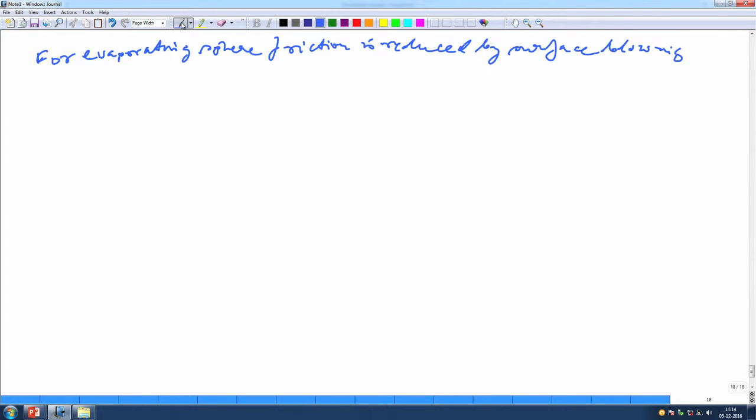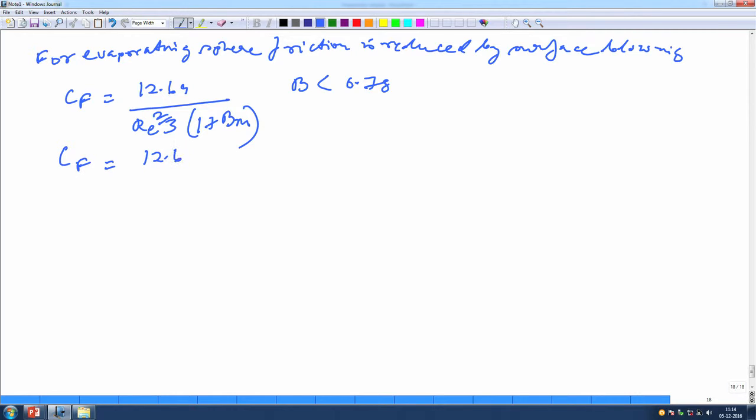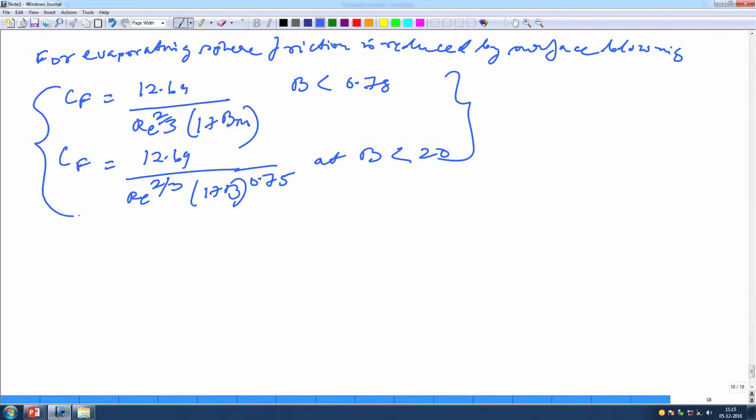So, when you have the Reynolds number, you have the skin friction coefficient, this 12.69 still remains, this Reynolds number to the power of 2/3 also remains, and you have 1 plus Bm that comes over here. This is valid for B less than 0.78, whereas the same expression will be 12.69 divided by Reynolds number to the power of 2/3, 1 plus B raised to the power of 0.75 for B less than 20. Got it? You got it?